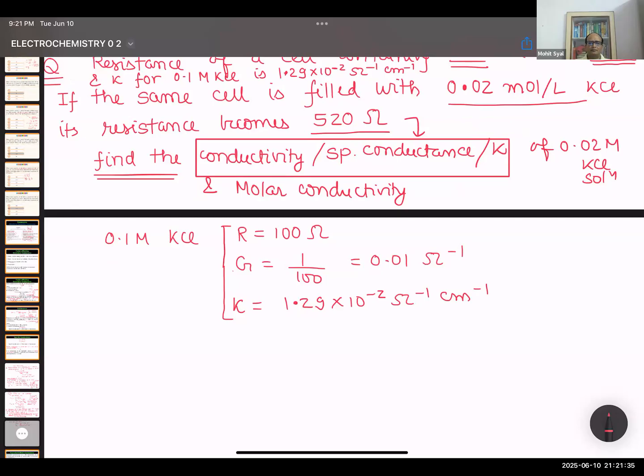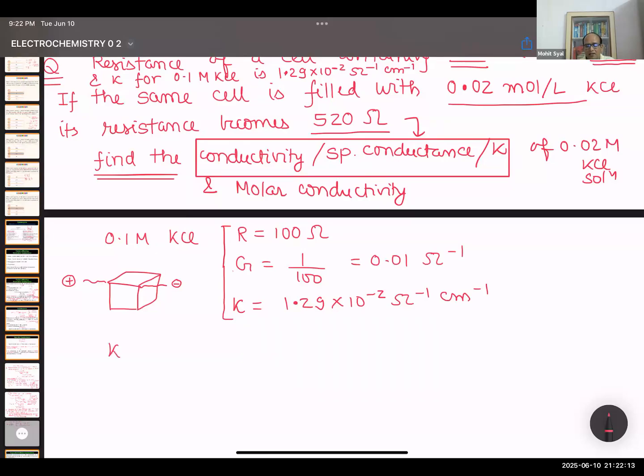Aisha, tell me. 0.1 molar KCl is emptied and 0.02 molar KCl is filled in the cell. So the geometric dimensions are going to remain the same. Is it clear? If the geometric dimensions remain the same, even though the solution has changed, the cell constant is going to remain the same.